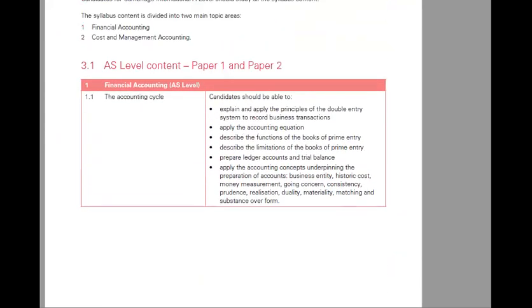Now I would request you, first of all, note all these topics and see in the market which book, which notes are the best for you. Accounting cycle. In accounting cycle, we will cover double entry system. We will cover prime entries, trial balance, ledgers, and certain other accounting concepts in accounting cycle.